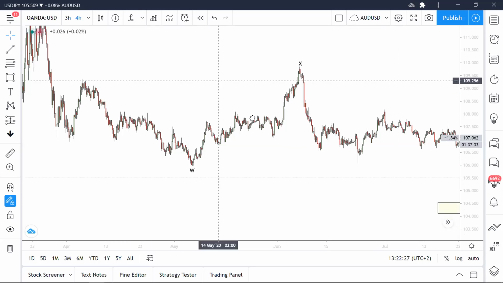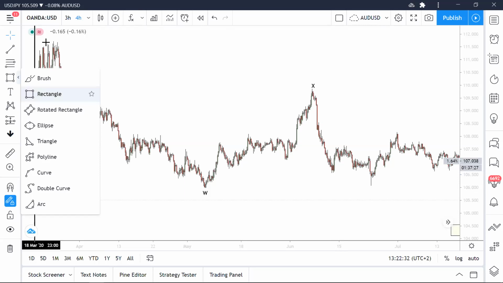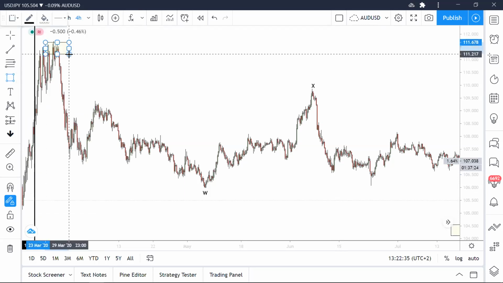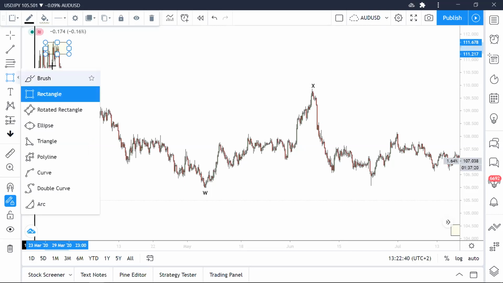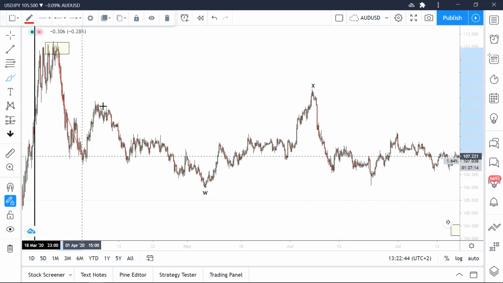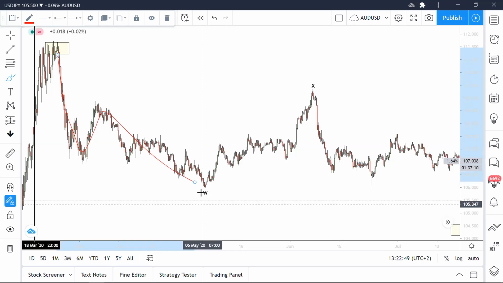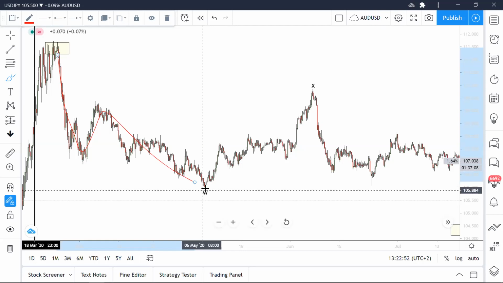So what we can see here is that from this initial top that we've had right here at the beginning, or at the end of that impulsive wave on the daily time frame, the way that I've marked it up, I've considered this as A, B, and then C, right? So that was wave W. Then same thing can apply here.